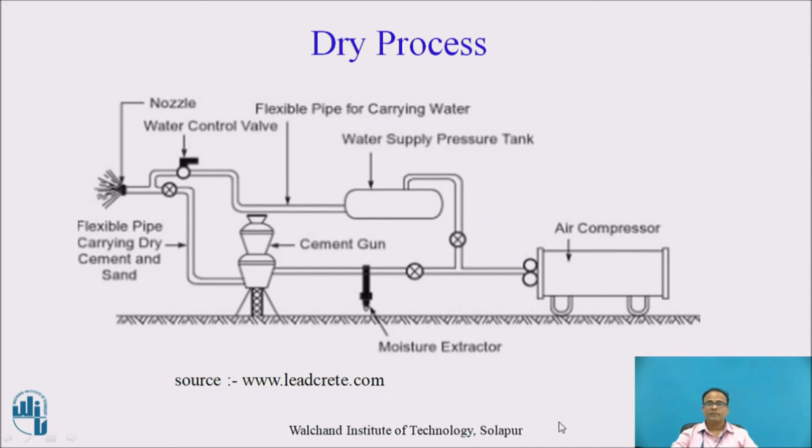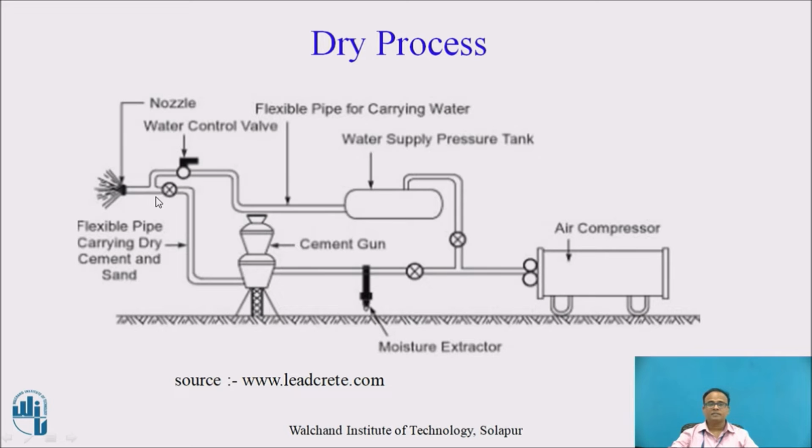So you can see in the dry process, this is an air compressor which passes the air with the pressure, and there is a cement gun where the material is going to be mixed, and through this pipe, that is a flexible pipe, the dry cement and sand is going to be passed here due to the pressure generated by the air compressor.